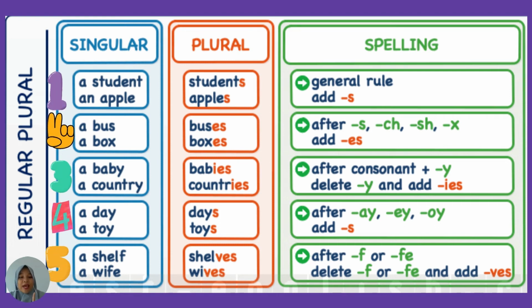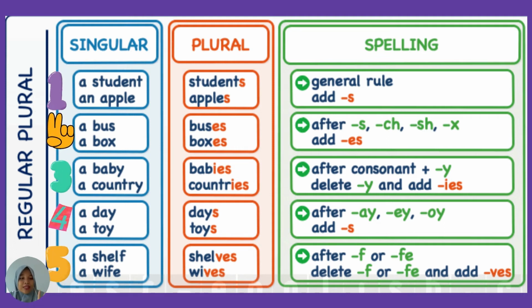Yeah, IES. So, delete the Y and add IES. For the example, a baby change become babies. The Y is deleted. A country become countries. The Y is deleted.